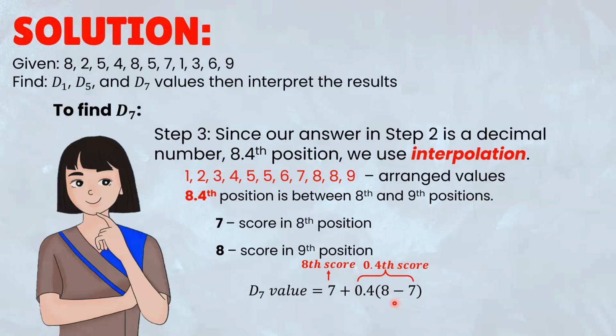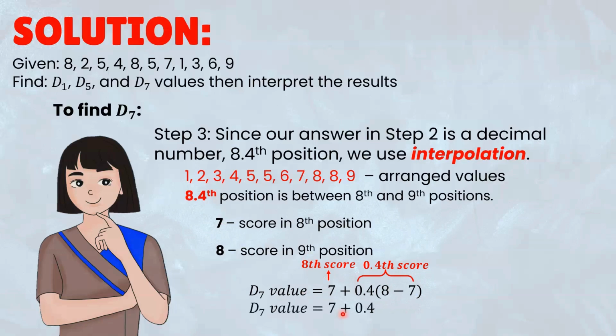So in here, 0.4 was taken from our answer in step 2, which is 8.4, the decimal part of our answer in step 2. Okay, 8 is our 9th score and 7 is our 8th score. So this expression gives us the 0.4 score. So adding it to the 8th score, we get 8.4 score, which corresponds to the 8.4th position.